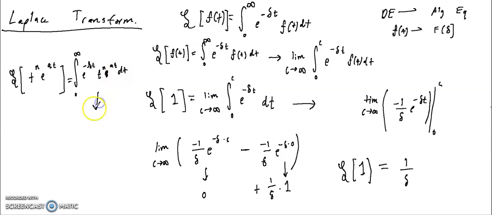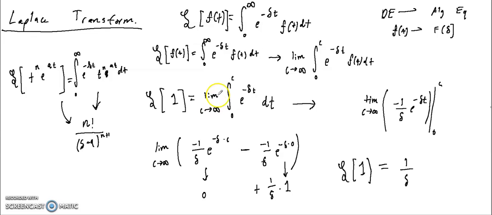And that's a disgusting integral. You don't want to do that every single time. So they just figured they'll give it to you on a sheet. And this turns out to just be an algebraic equation. It turns out to just be n factorial over s minus a to the n plus 1.